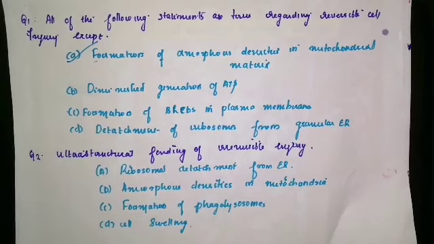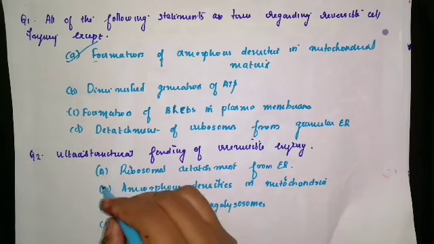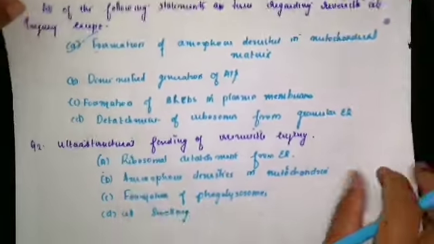Second question, ultrastructural finding of irreversible injury. Ribosomal detachment is seen in reversible injury. Second option, amorphous densities, is an ultrastructural finding in irreversible injury. That is the answer.